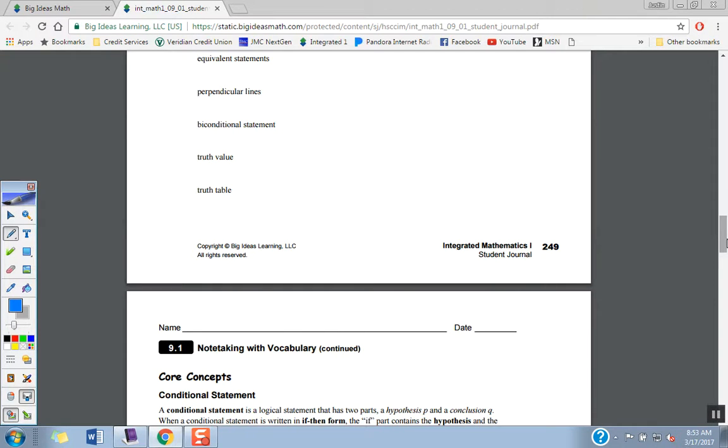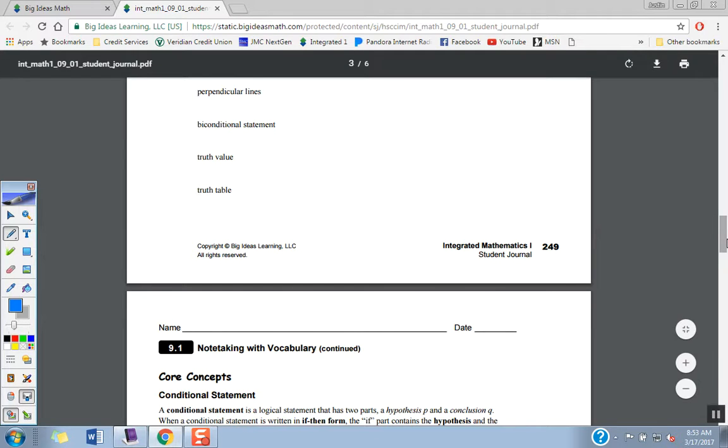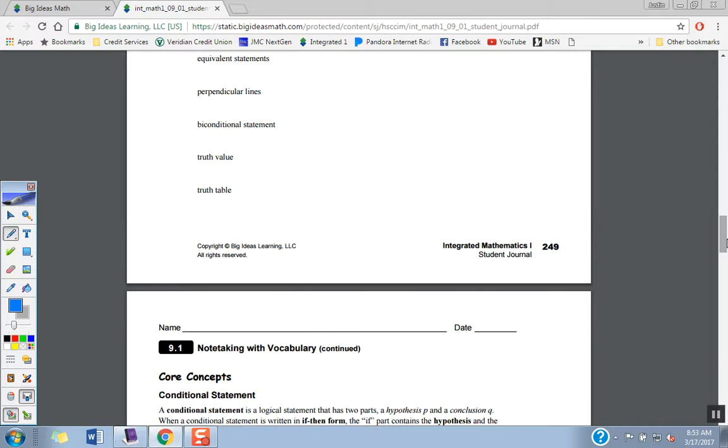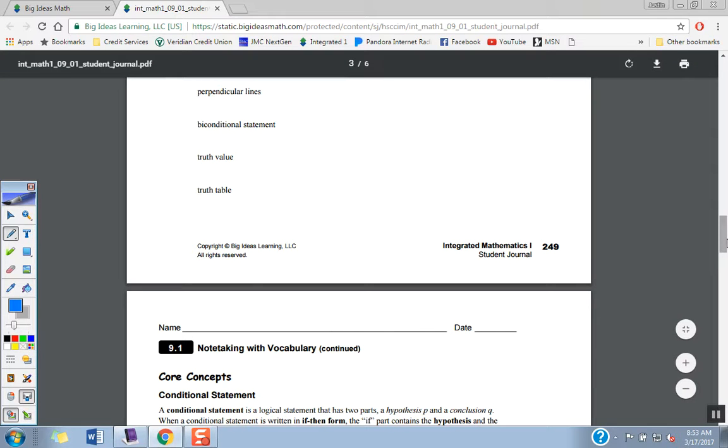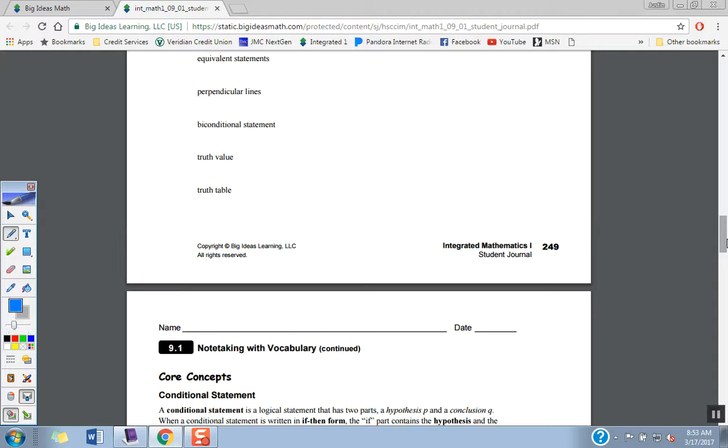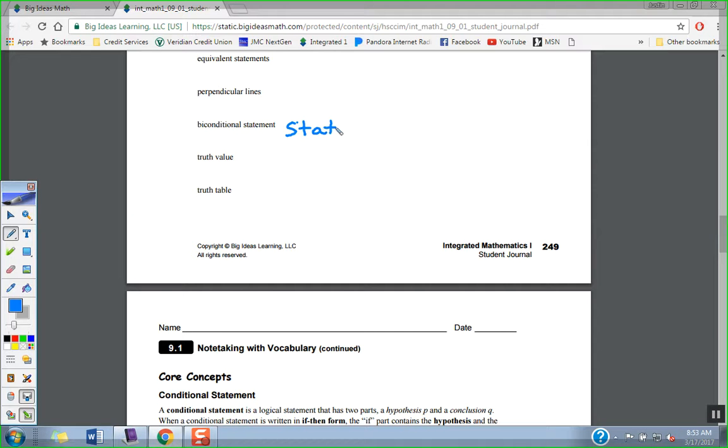Okay, let's move ahead. Let's talk about biconditional statements. Biconditional statement, we'll put here and then we'll look at some examples. A biconditional statement is a statement that uses if and only if.